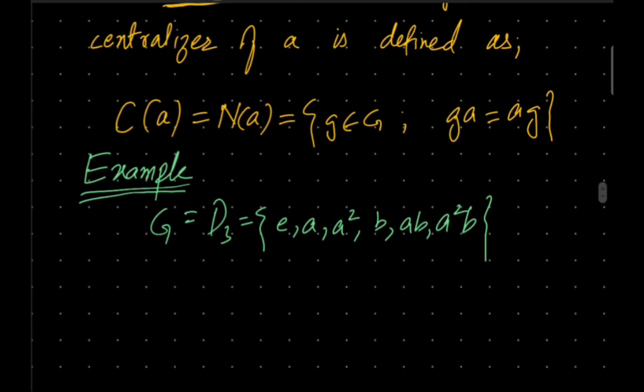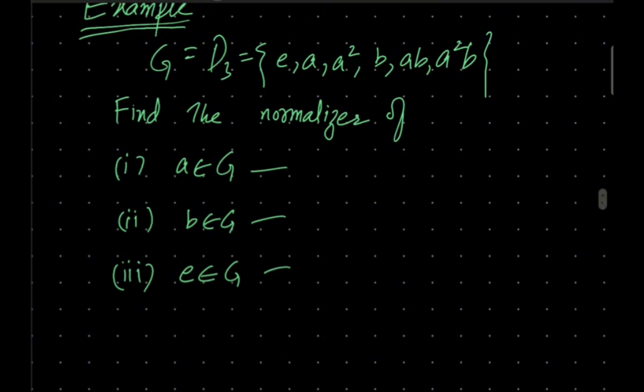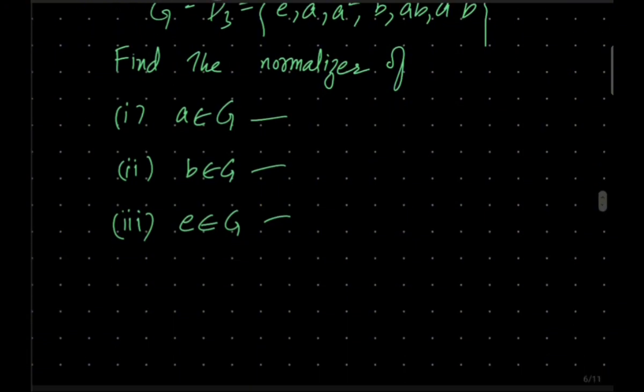These are the elements of D3. Its order is 6. Now let us have an element of D3 whose normalizer or centralizer is to be found. I will take these elements a, b and e. I will try to find the normalizer of these elements in G. You can find the normalizer for other elements as well. So I will find for them.